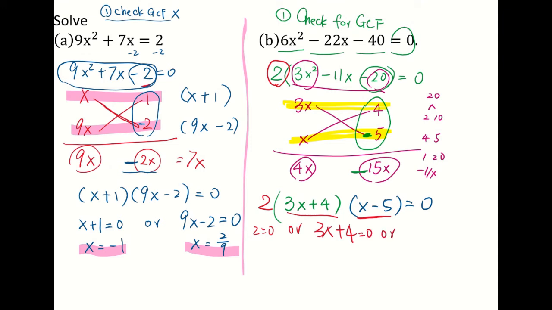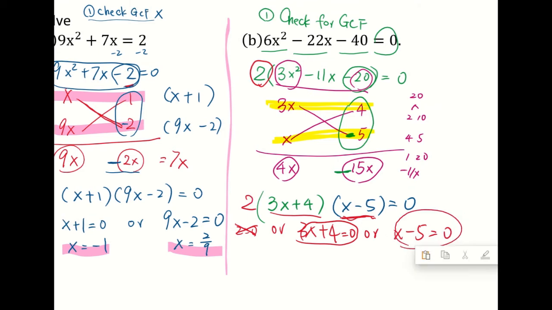Or this x minus 5 is equal to 0. It's pretty obvious that 2 cannot be equal to 0 because 2 is not 0. So we only have to worry about these two equations.